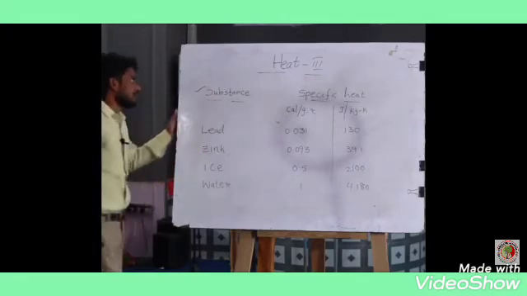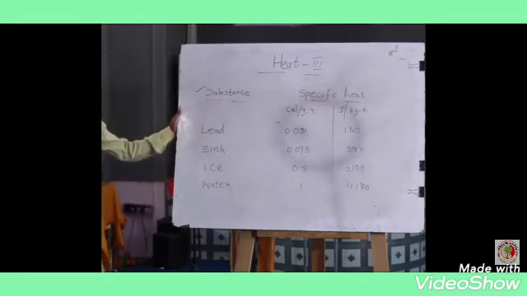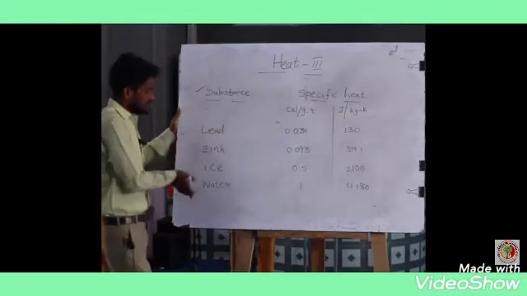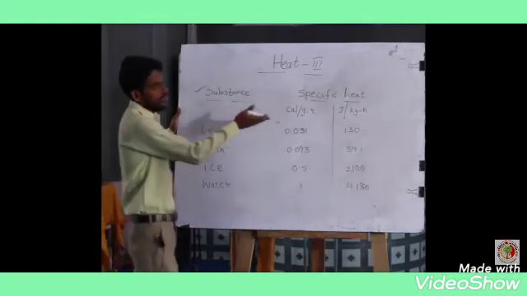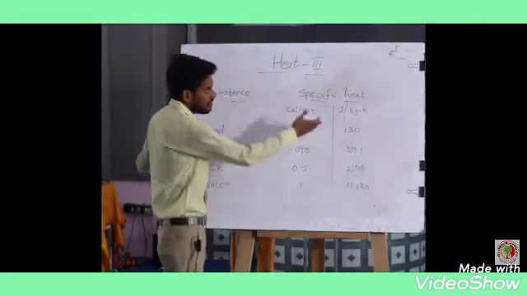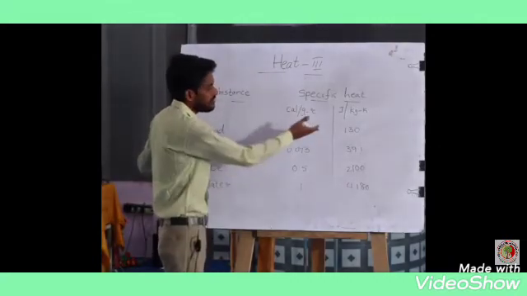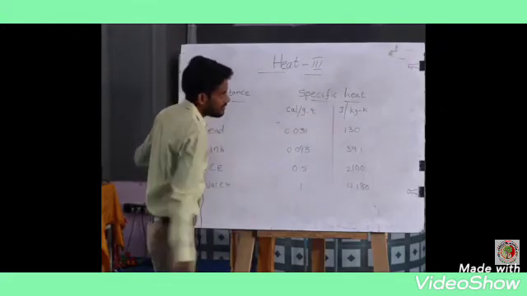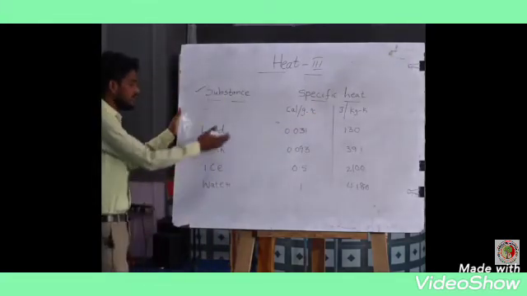In order to know about specific heat more clearly in its application in our daily life, let me take four substances here. Lead, which has 0.031 calorie per gram degree centigrade and 130 joule.